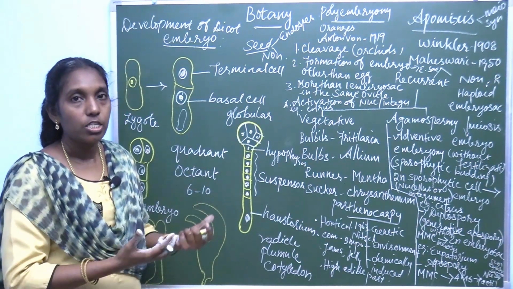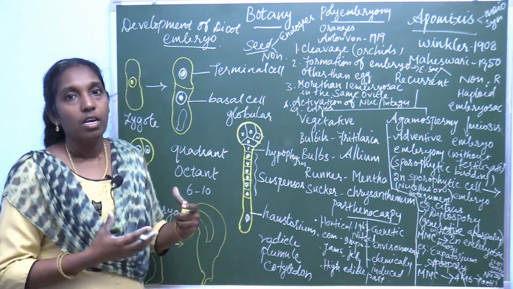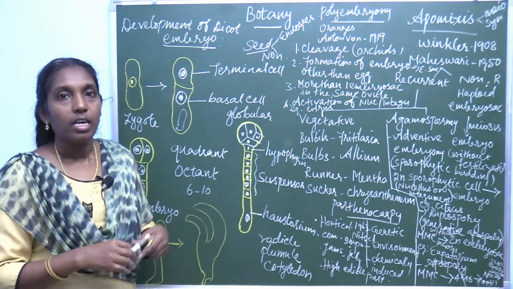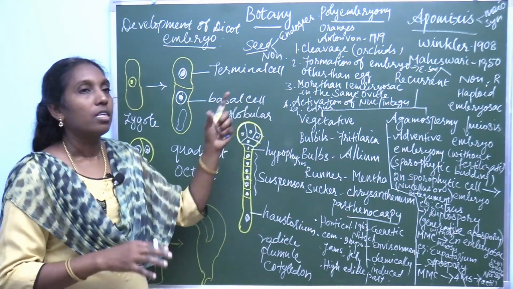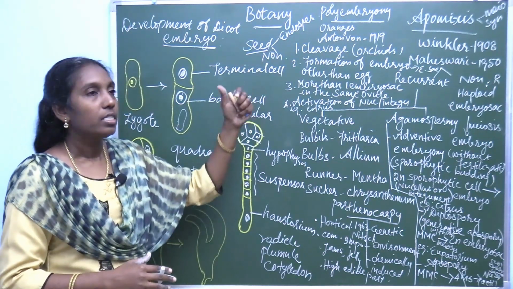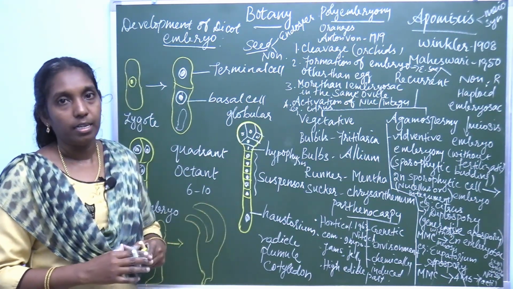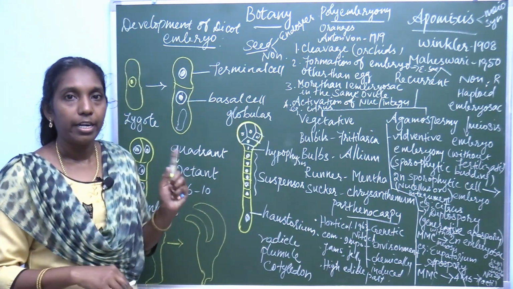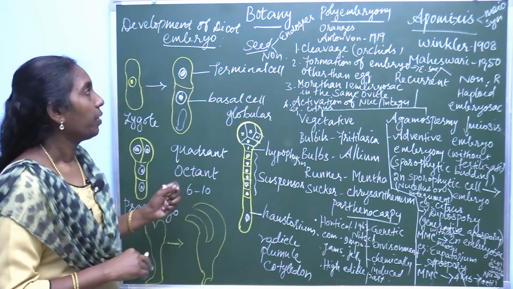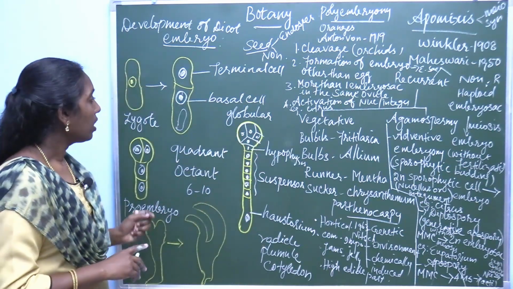If it consumes the endosperm completely, there is no endosperm in the seed, so those seeds are called non-endospermous seeds. In some other cases, it does not consume completely, it leaves some. So that is an albuminous or endospermous seed. So 2 types of seed, endospermous and non-endospermous. Now let us see the structure of dicot seed and monocot seed.